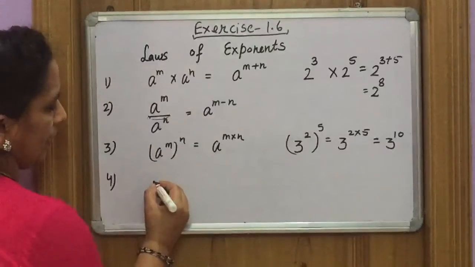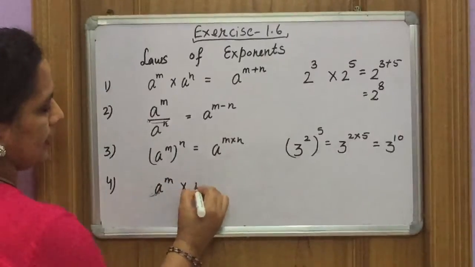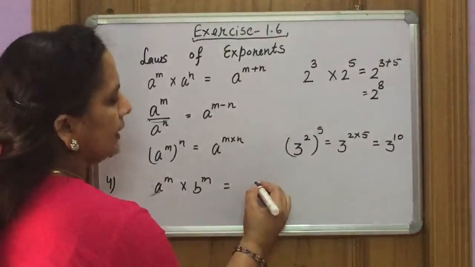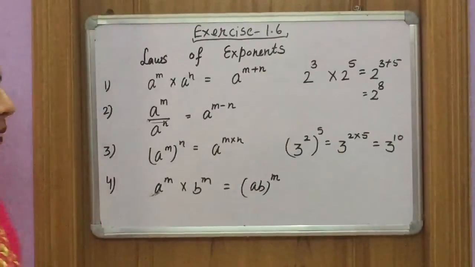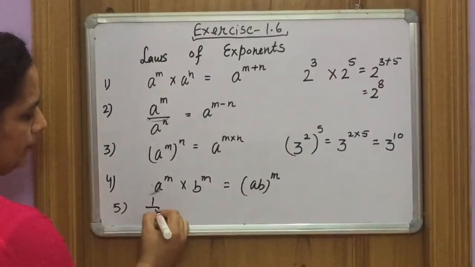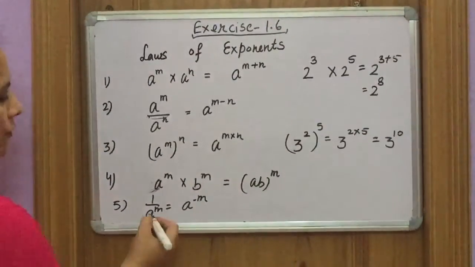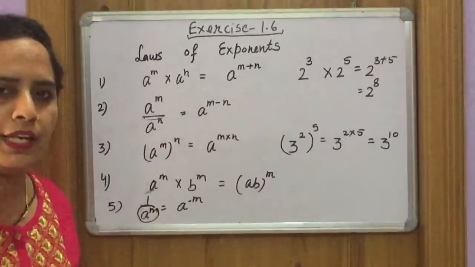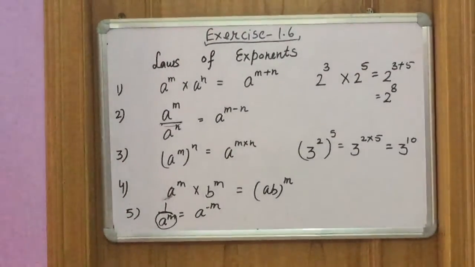Next is, if we have this type of term, that means power is same but base is different, then we can write this as ab raised to power m because power is same. If we have this type of term, we can write it as a raised to power minus m. That means if we have a term in the denominator, if we use it in the numerator, then we will change the sign. So these are our laws of exponent.